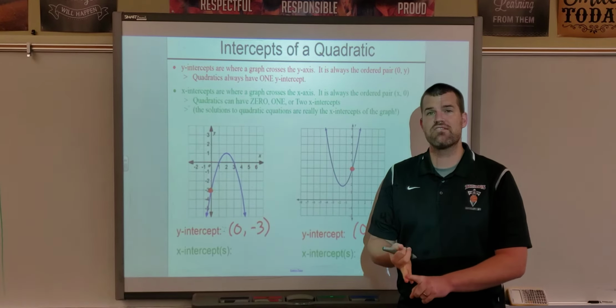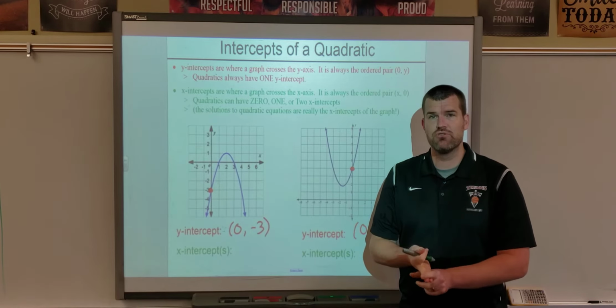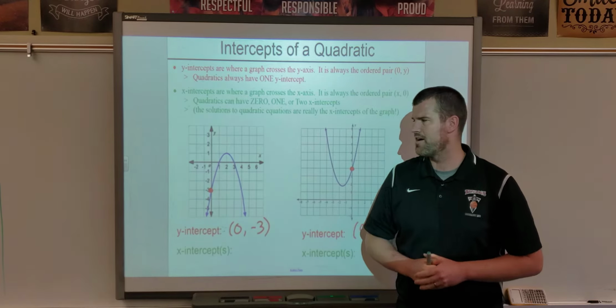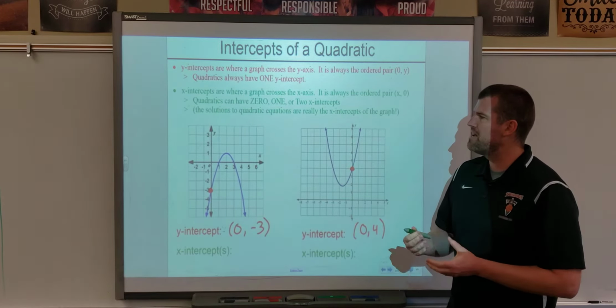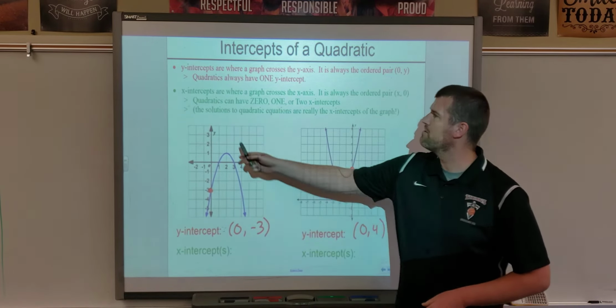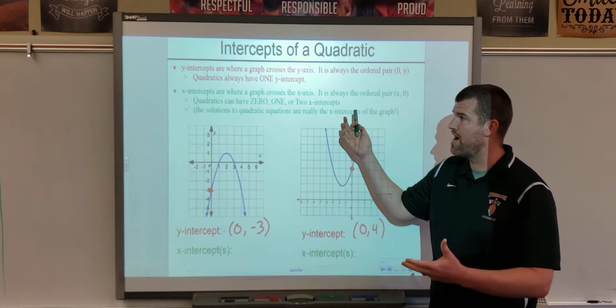You could get one solution if you had square root of 0, and you could get two solutions if your square root was positive, or if you're able to factor it or complete the square, then you usually get two solutions. So because the x-intercepts are really just the solutions, the solutions to quadratic equations are really the x-intercepts of the graph.